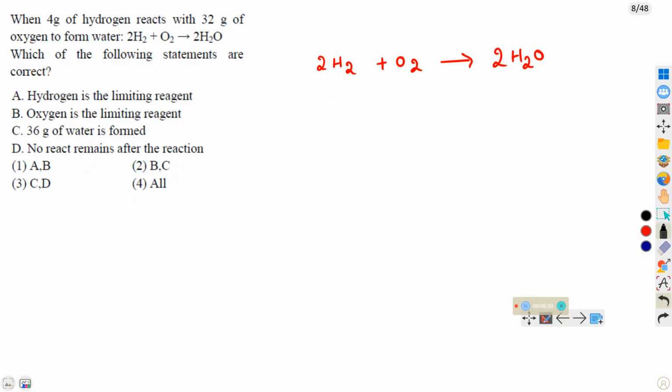When 4 grams of hydrogen reacts with 32 grams of oxygen to form water, which of the following statements are correct? Check whether any limiting reagent is present or not. How to calculate the limiting reagent? Number of moles divided by the stoichiometric coefficients.